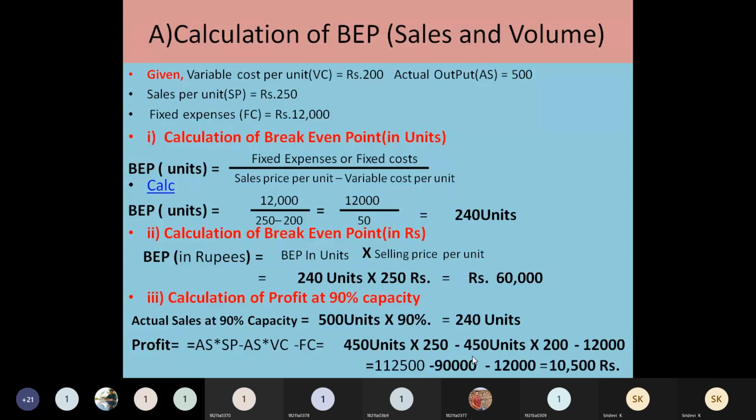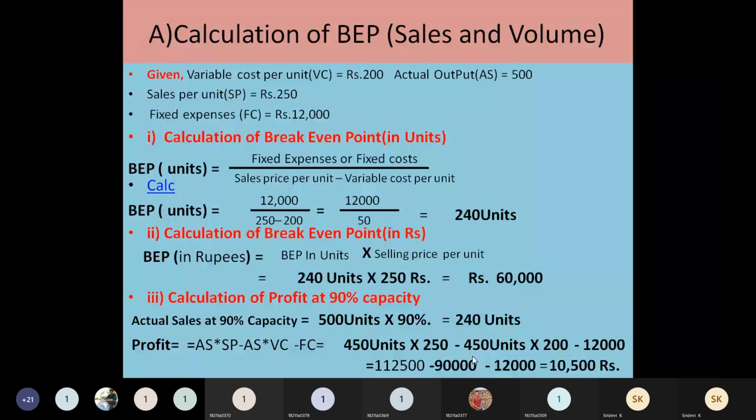So this is how you are going to calculate. Even at 50%, if you want to identify the profit, you can calculate it. You calculate first the actual sales at 50%. Like that, at any capacity, you can calculate the profit. You take actual sales multiplied by the percentage of capacity, that gives you the units. Multiply those units with selling price per unit and variable cost per unit, then you get the total sales and total variable cost.